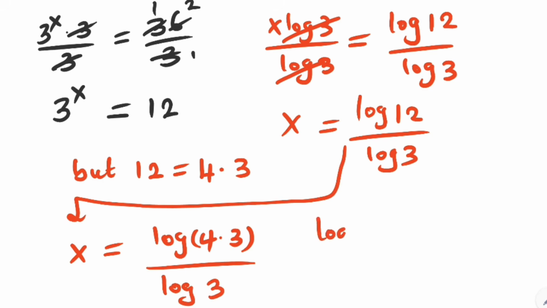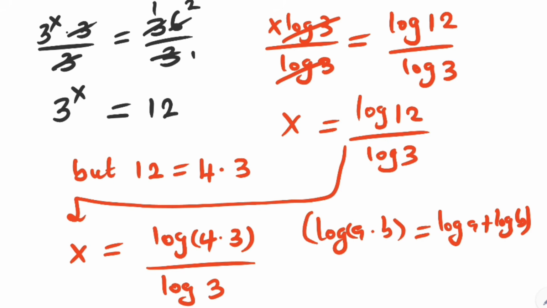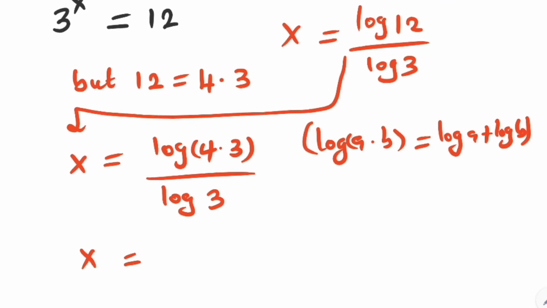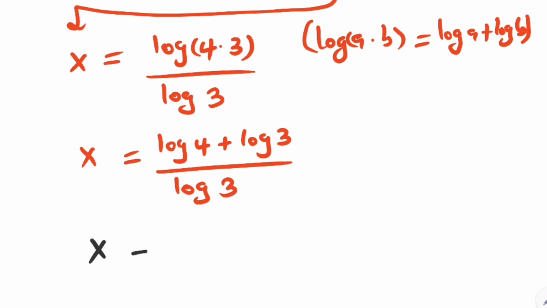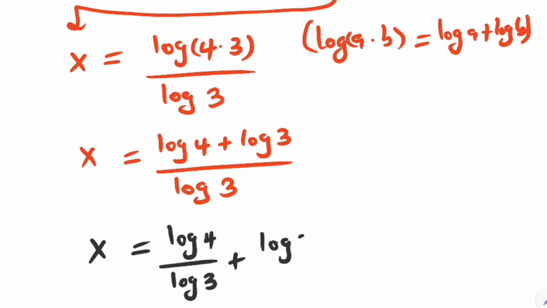And if you have log A multiplied by B, this is equal to log A plus log B. Then x is equal to log 4 plus log 3 over log 3. x is equal to log 4 over log 3 plus log 3 over log 3.